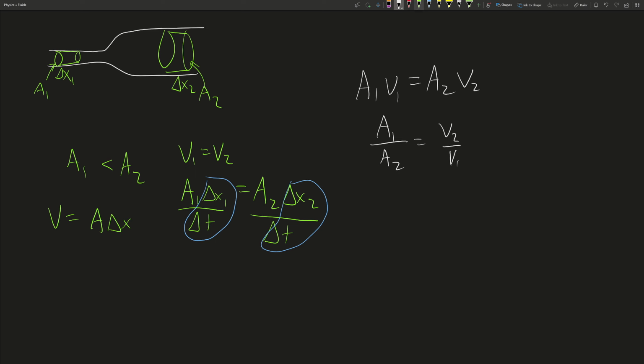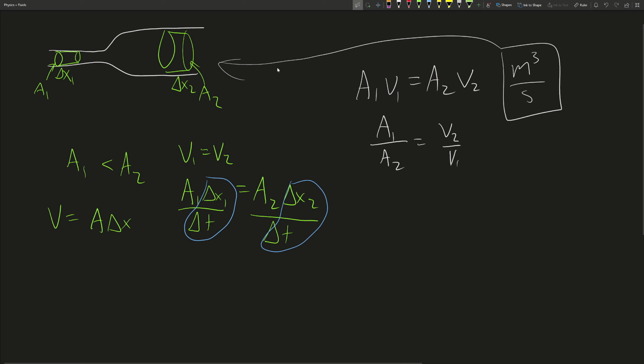Okay, so this is important to remember. And now this area times velocity has units of cubic meters per second, and this is the flow rate for a certain fluid inside a tube. So this is how much fluid is passing through this tube per unit time.